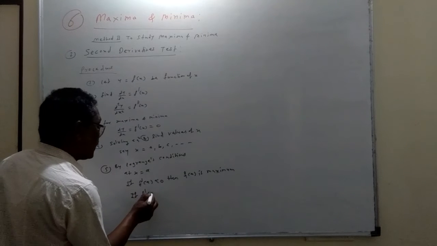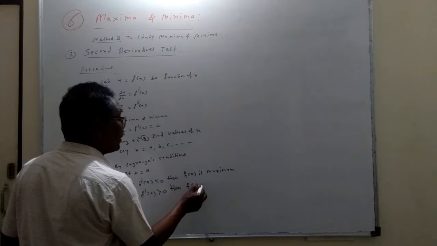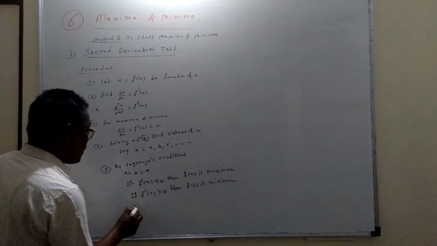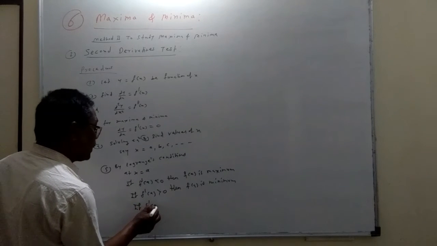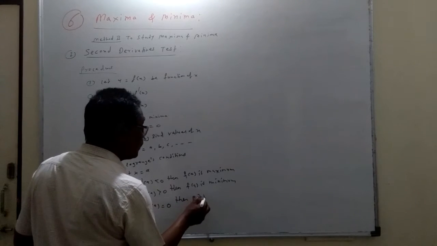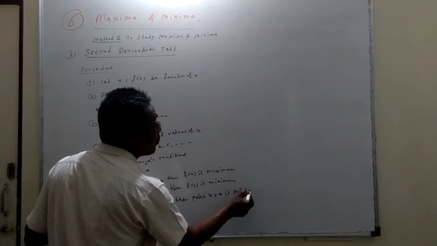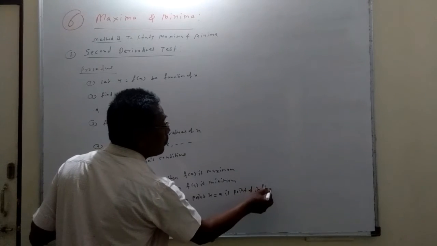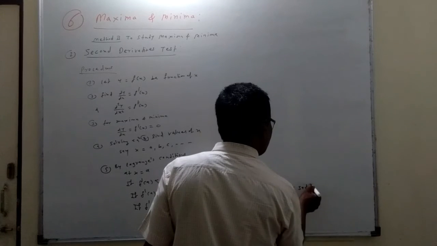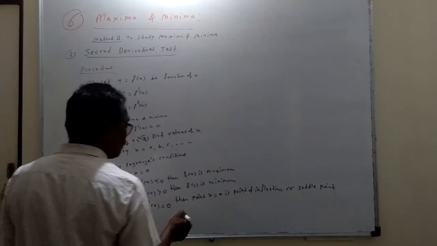If f double dash a is greater than 0, a positive value is coming, then f of a is minimum. If f double dash a is equal to 0, then the point x equal to a is a point of inflection or saddle point.